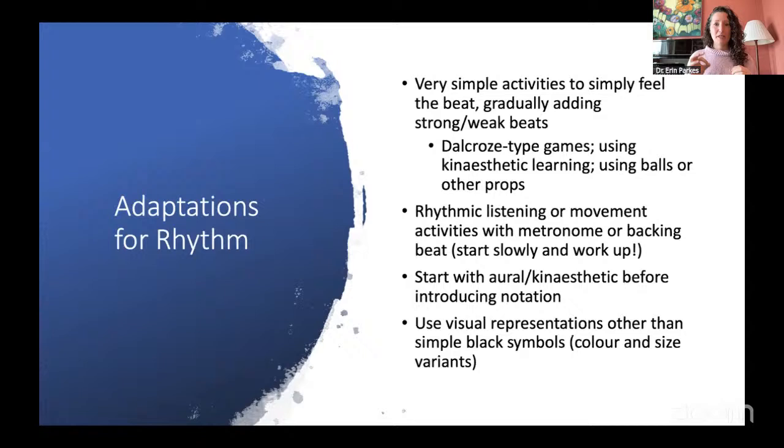So for the rhythmic values, there's a method called Figurenotes, which can be really great to use with these students because it uses color, but it also has the notes to scale. So instead of these abstract symbols, like why is it black in the middle and then white in the middle for a half note?